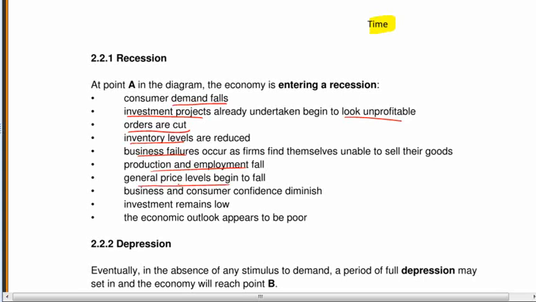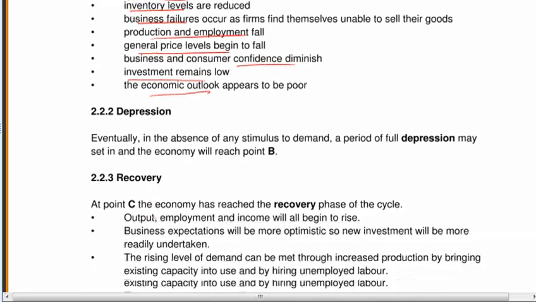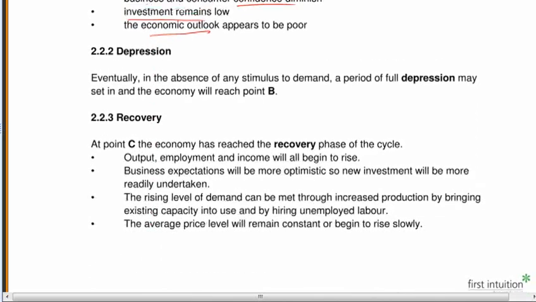The price level might begin to fall, or at least inflation, the increase in the price level, will begin to fall. Confidence diminishes. Investment drops even more. Expectations are that this is going to get worse. So we go into a downward spiral until we plummet into a depression at the bottom point.